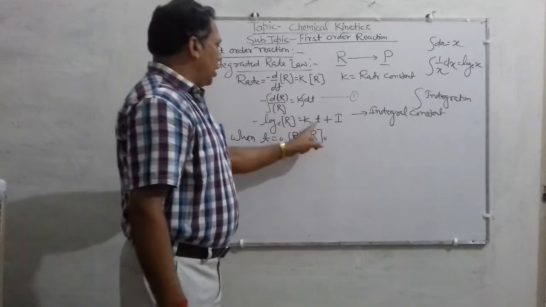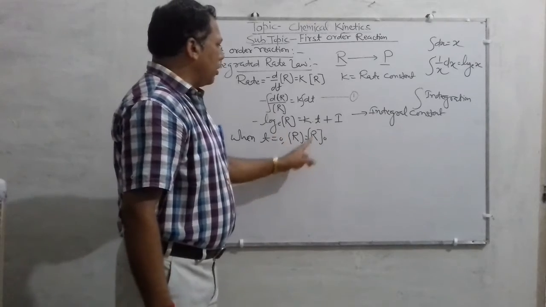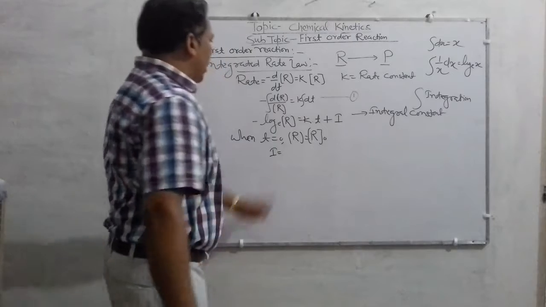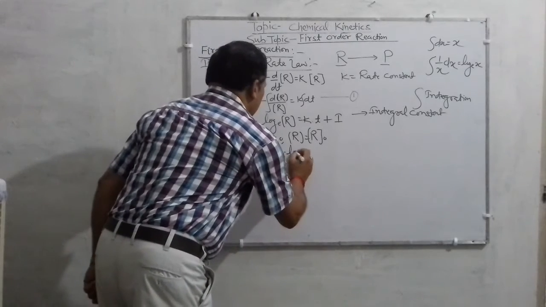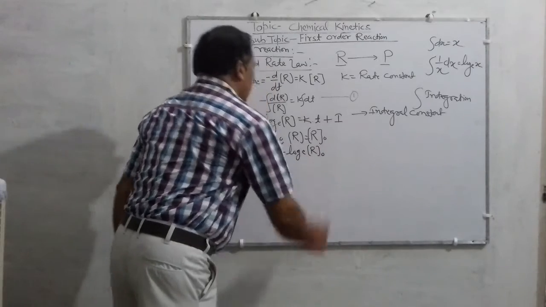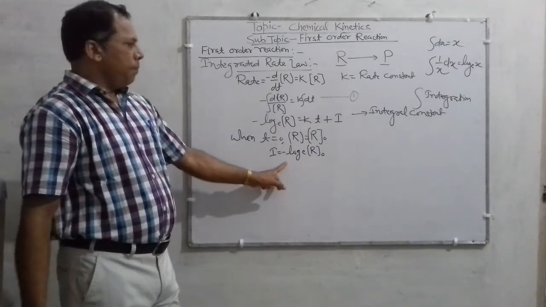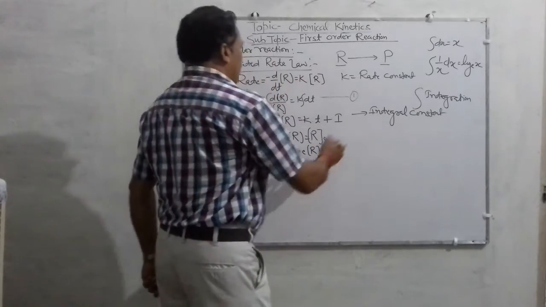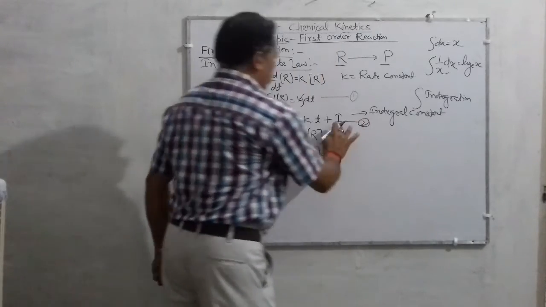Put t equal to 0 and r equal to r0, then the value of I will come, similarly, minus log e r0. Am I right?